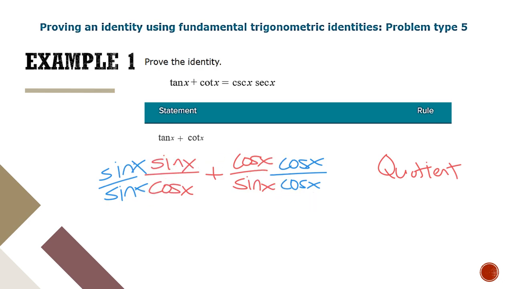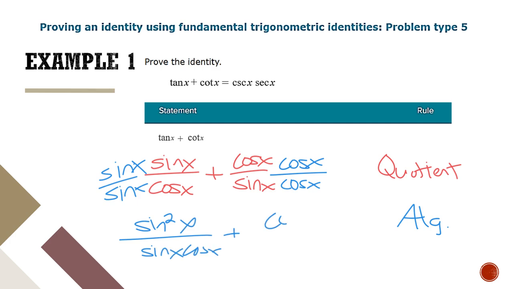So we're going to use these algebra skills to rewrite this as sine squared of x over sine of x cosine of x plus cosine squared of x over sine of x cosine of x. When you're doing this on Alex, you don't actually write this part, but on paper you'd want to write that you multiplied those.